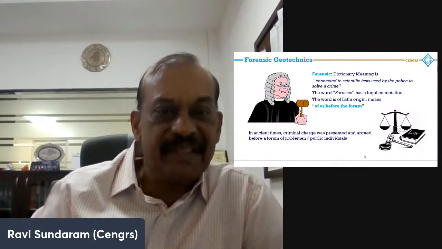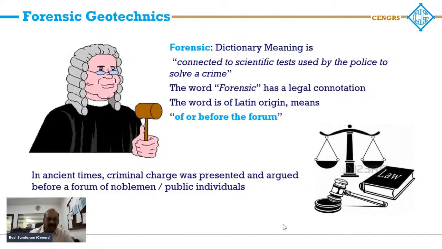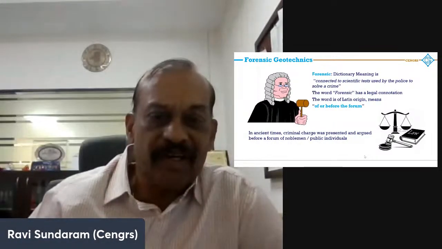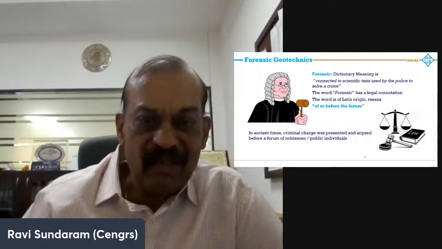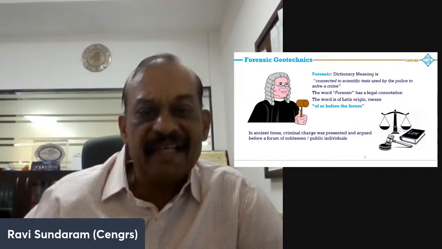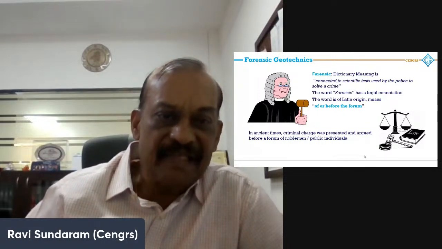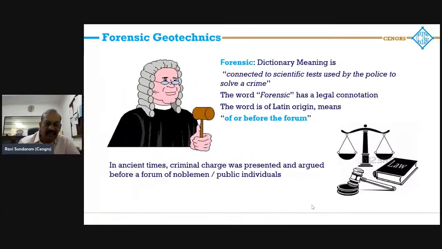Forensic geotechnics. The dictionary meaning of the word forensic is connected to scientific tests used by police to solve a crime. So obviously the word forensic has a legal connotation. And as a geotechnical engineer, you would be involved in trying to figure out the causes of a geotechnical failure and work out solutions.